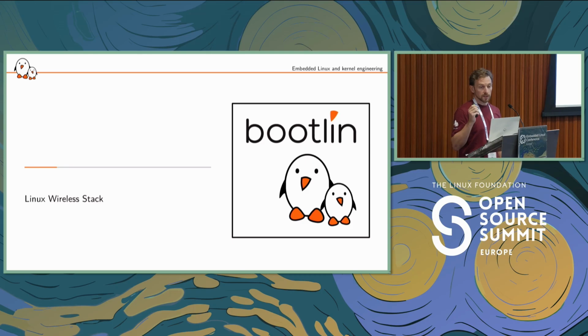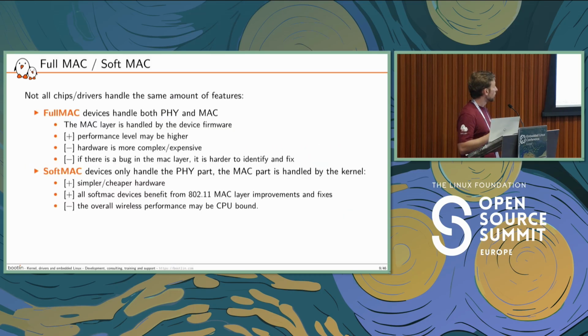About the implementation and the overall organization in the kernel, we have to distinguish between 2 categories of devices when we talk about those wireless devices. We have the FullMAC and the SoftMAC devices. The FullMAC devices are in charge of handling both the physical and MAC layer. There are pros and cons to this.